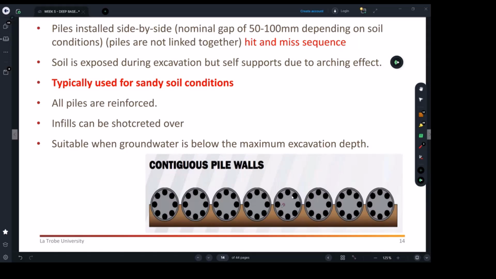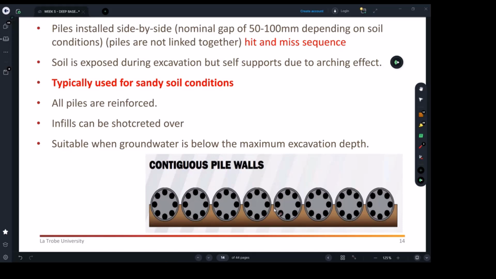Still, this system will not be handy if you've got water table issues. That's what we're saying with the last point here: suitable when groundwater is below the maximum excavation. If there's a water table and you do the excavation, maybe after a break or a weekend, and it was rainy, you will again find the basement full of water or saturated sand.